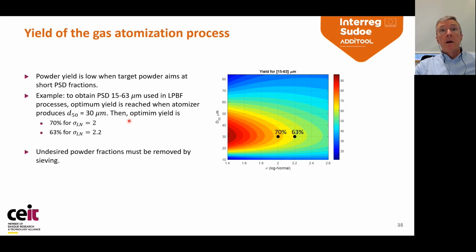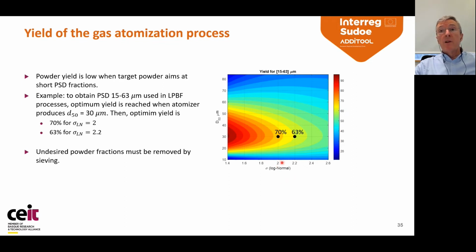And this is a surface plot that gives you the yield, so it's a theoretical maximum amount of powder in this range for a given sigma ln value, which is a property of your nozzle and your atomizer.